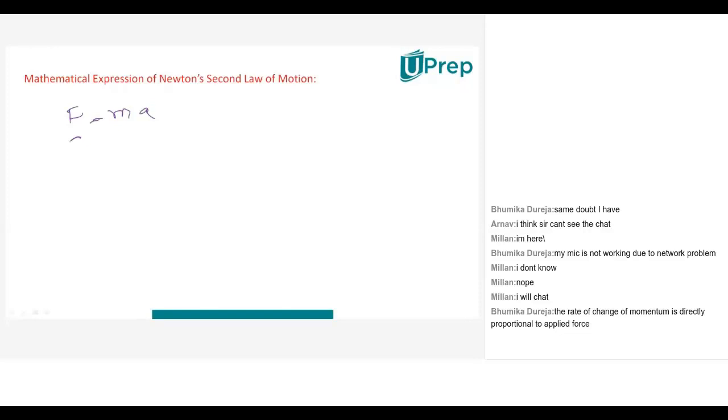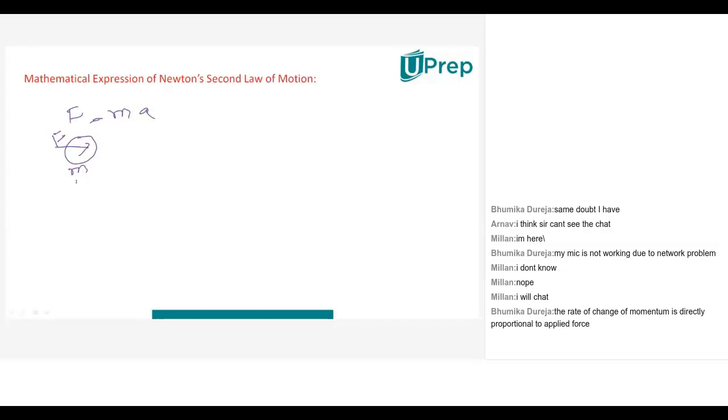Now what will be Newton's second law of motion? Tell me again. Rate of change of momentum, which is delta P. The rate of change of momentum is directly proportional to the external force applied. So according to Newton's second law of motion, we can write that the external force applied is F, and this F is directly proportional to the rate of change of momentum, which we generally write as dp by dt.